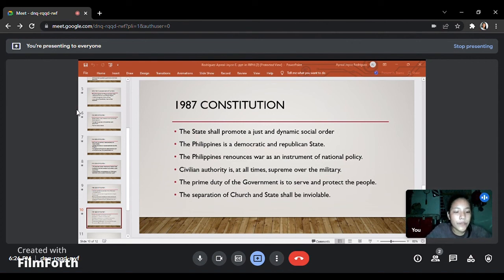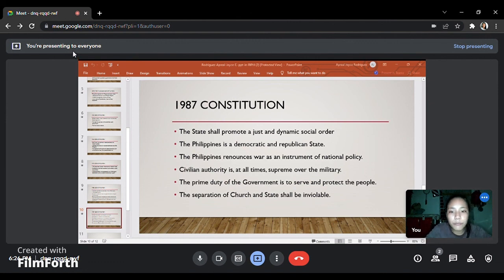Civilian authority is at all times supreme over the military. The Armed Forces of the Philippines is the protector of the people and the state. Its goal is to secure the sovereignty of the state and the integrity of the national territory.